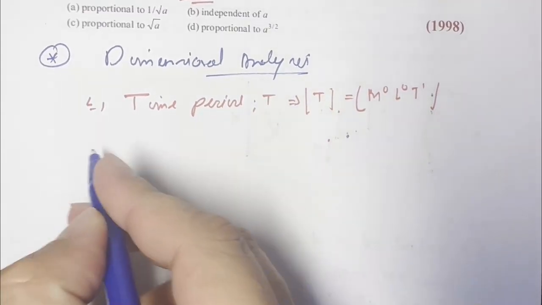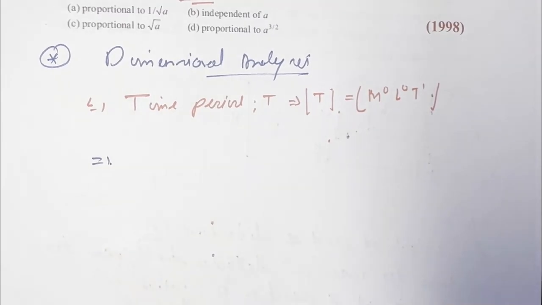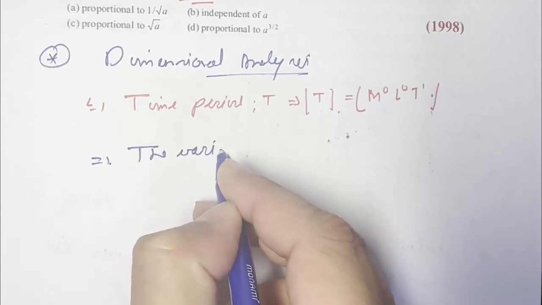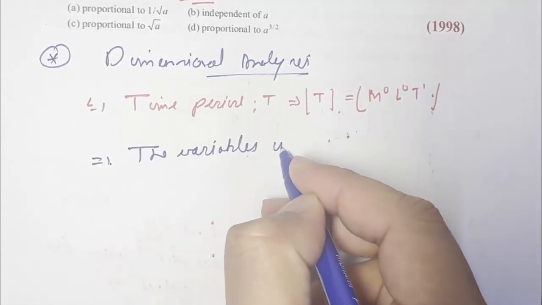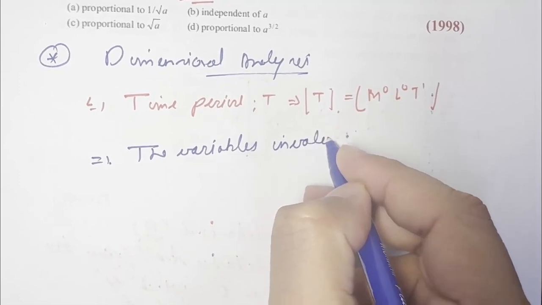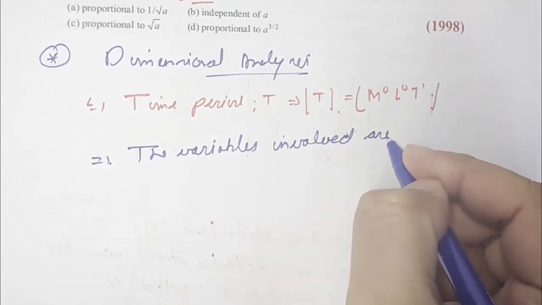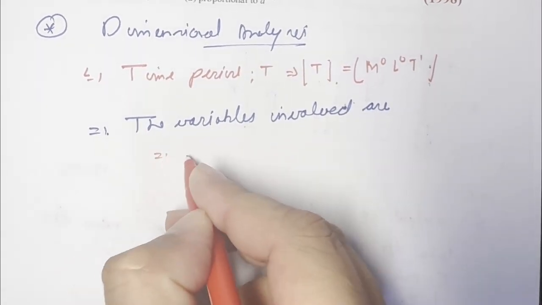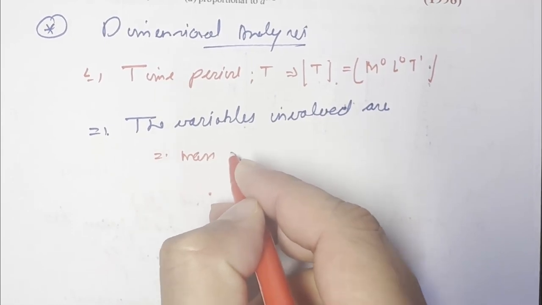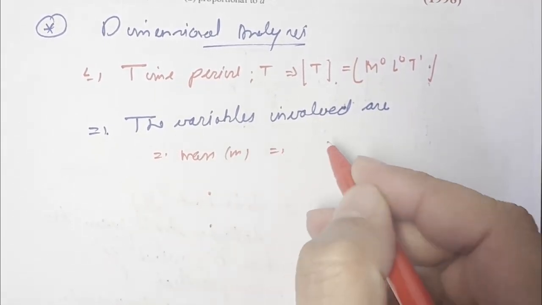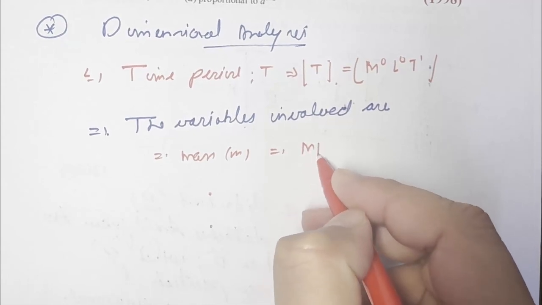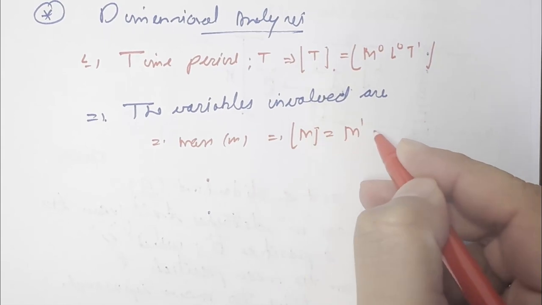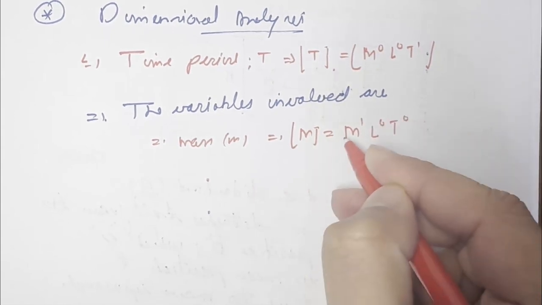So the variables involved are, first, our mass m, whose dimension we can write as M1 L0 T0.